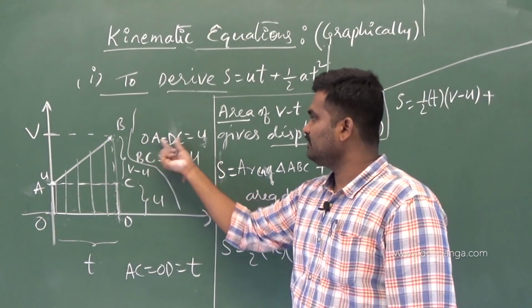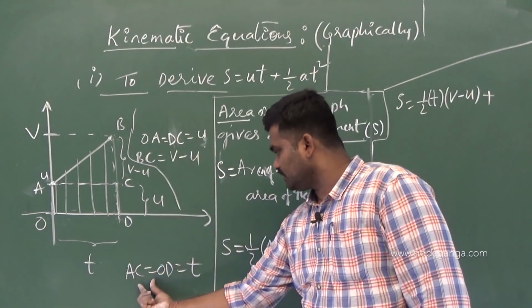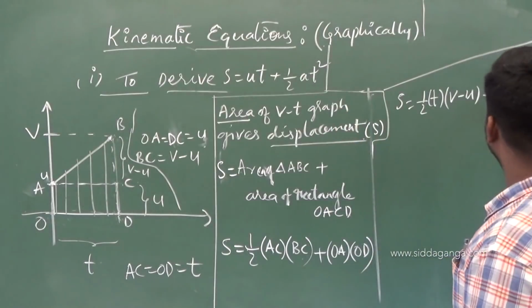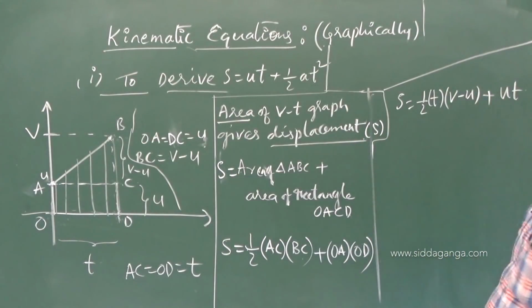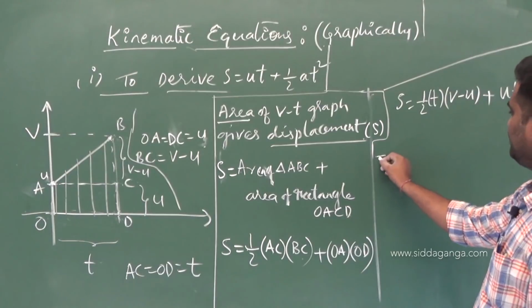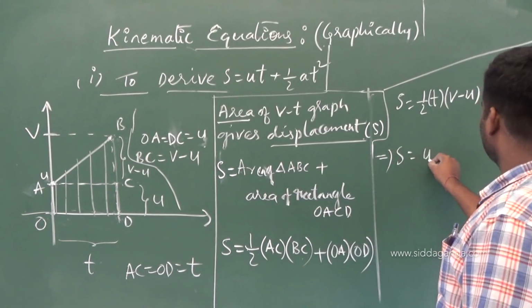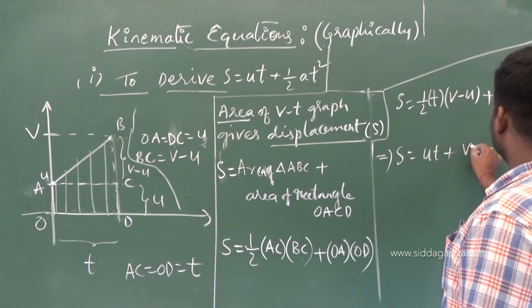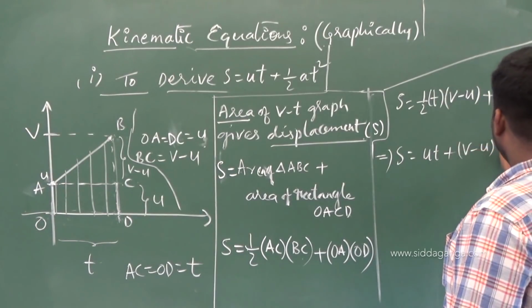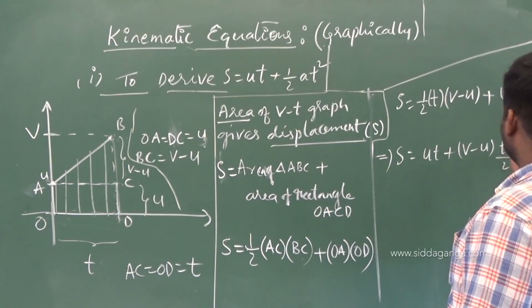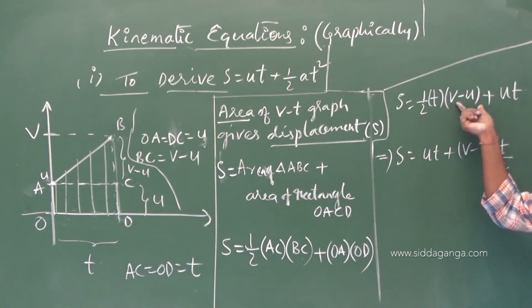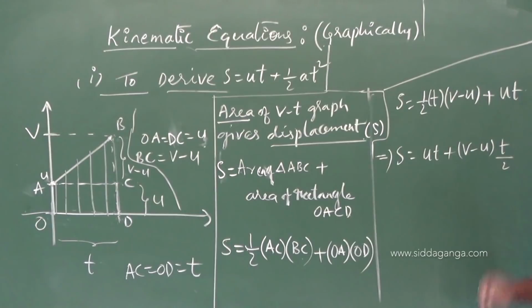What is OA? OA is U and OD is T. This is U into T. See carefully. Rewriting this equation: S equals UT plus V minus U into T divided by 2.